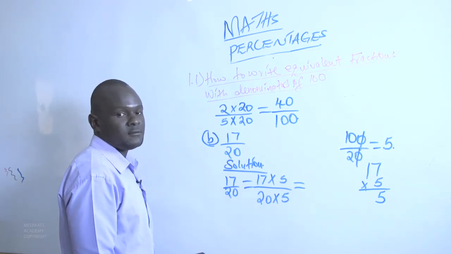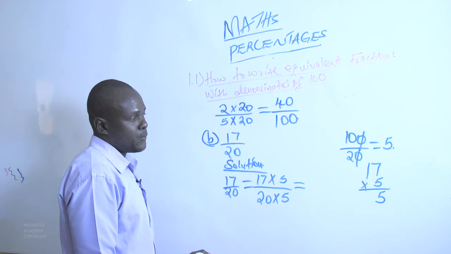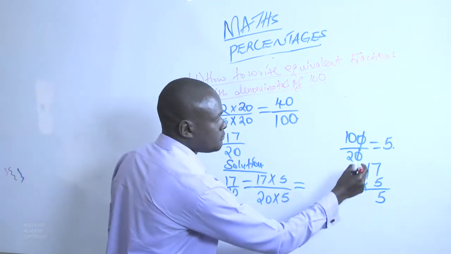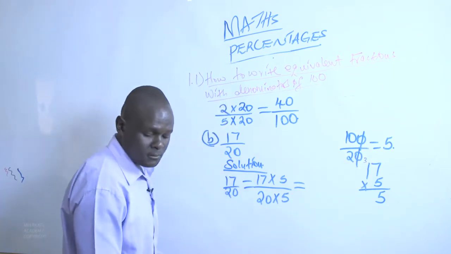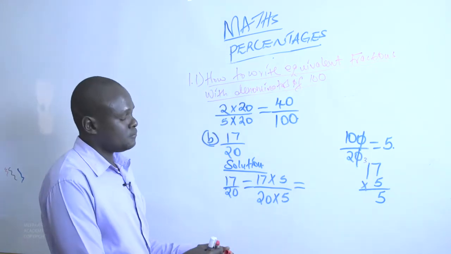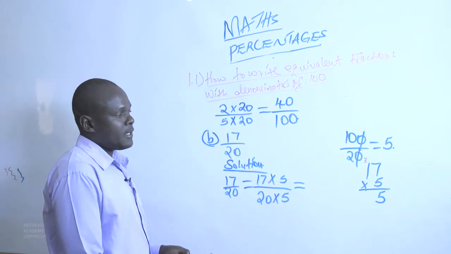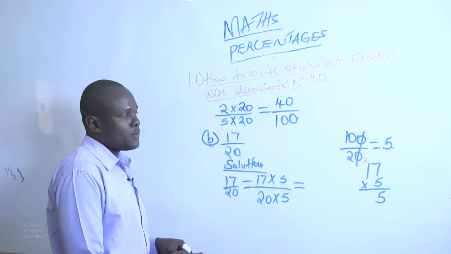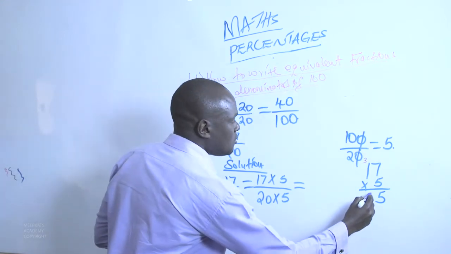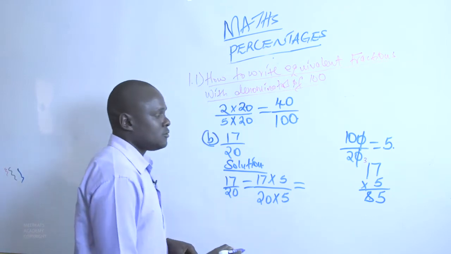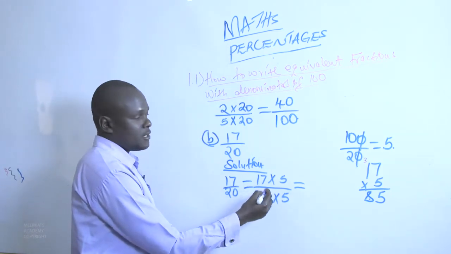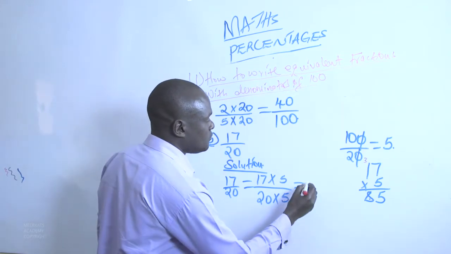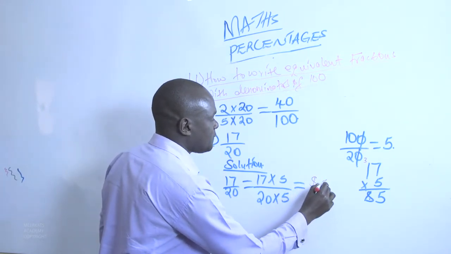We write 5, carry 3. 5 multiplied by 1 will give us 5, plus 3, it will give us 8. So our numerator here will be 85.